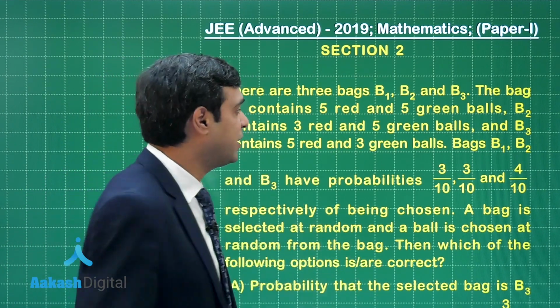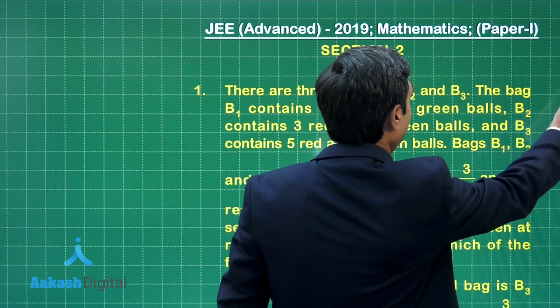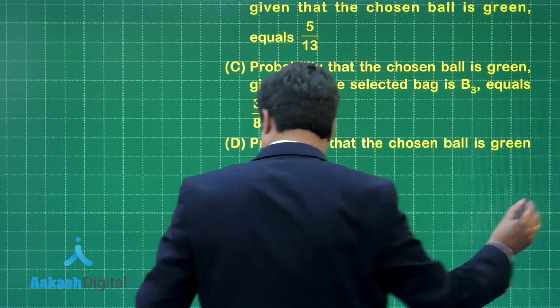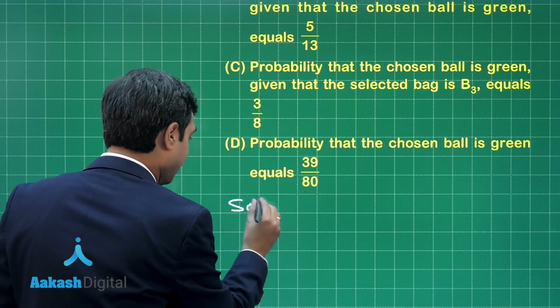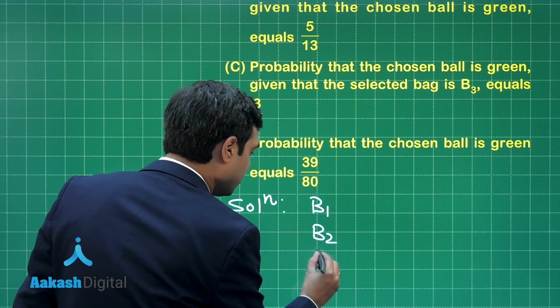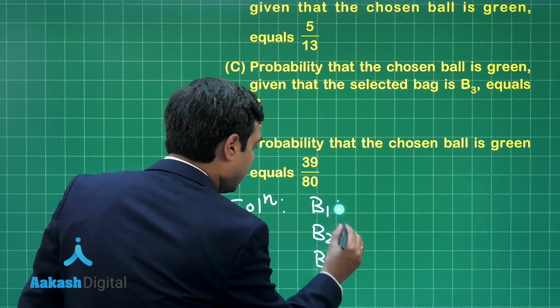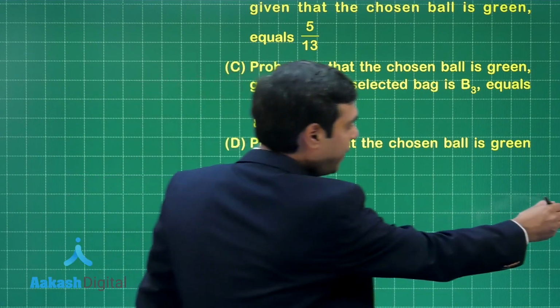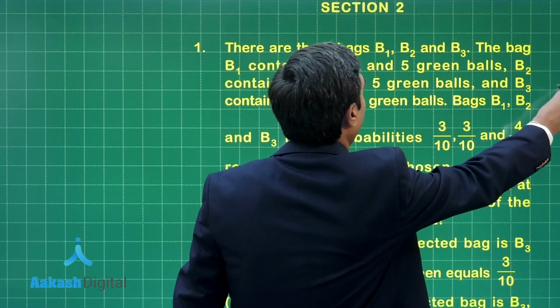A beautiful question from probability. Let's plan this one. So we have here 3 bags with us. Let's write down first the configuration of bags B1, B2, B3. Now let's write down the balls in these 3 bags so that we can start this question.